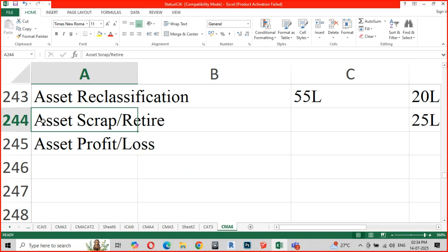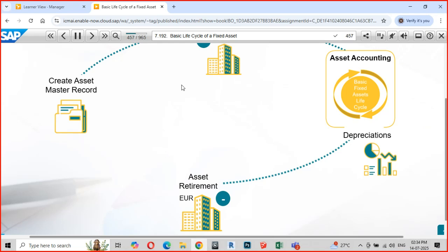And when I sell the asset, am I selling the asset at a profit or at a loss? So these are the concepts in asset accounting as far as SAP is concerned, or normally also. Nothing new. Now, let us go through the document if we can find some other interesting terminologies.